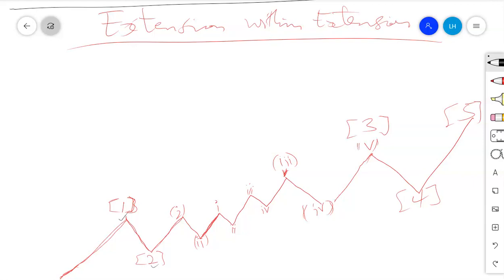When the primary degree was extended, you will find that the third wave of the intermediate degree also was extended. So you will find that we have got another internal wave. So this one also has got extension. So it is extension of the third wave of the third wave.